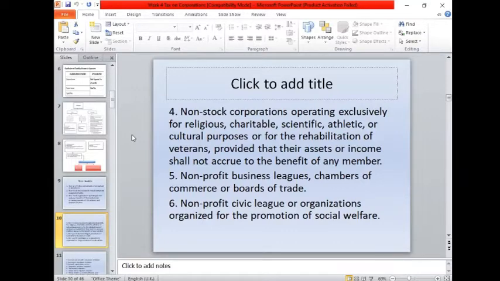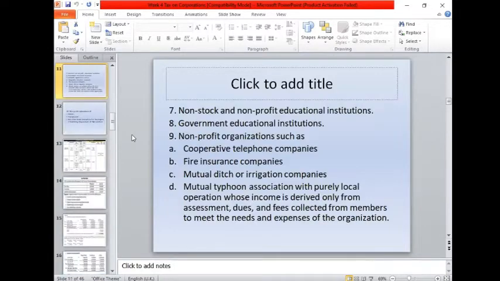Even the non-profit business leagues, the chambers of commerce or board of trade, the non-profit civic leagues or organizations organized for the promotion of social welfare, and the non-stock and non-profit education institutions are also non-taxable.